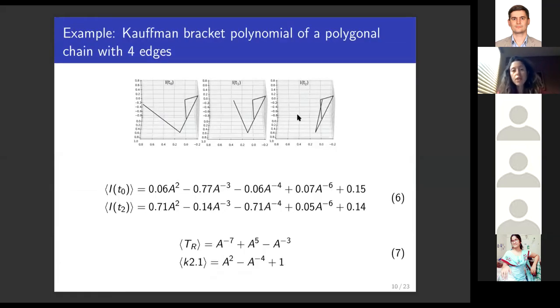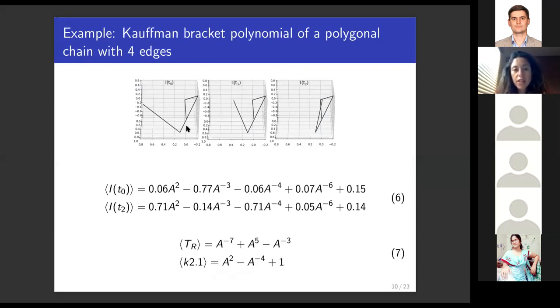I can show you here an example that you will recognize as something strange for a polynomial. As you can see here, these are polynomials with real coefficients. These are some snapshots of a polygonal curve where only one edge is moving, and you can see how the coefficients are changing. Here I write the polynomial in the beginning and at the end.